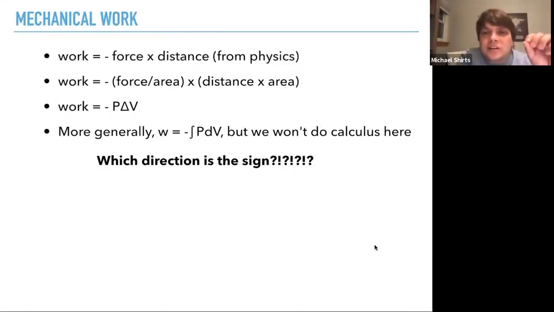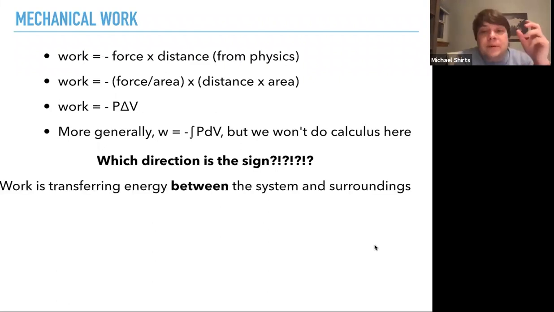So which direction is the sign? This can be very confusing because it depends on your notation, on a convention. Work is transferring energy between the system and the surroundings. So you could imagine the work being transferred to the system or from the system, and you can choose which direction is negative.